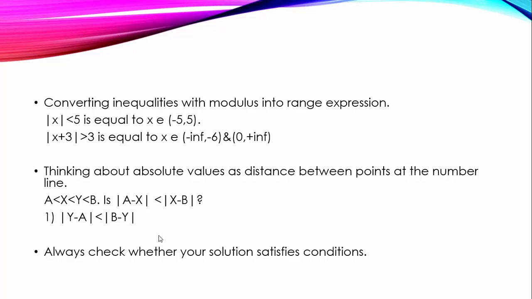Because x is between a and y, the distance mod x minus a is less than mod y minus a, and at the same time the distance between x and b will be larger than that between y and b. So mod b minus y is less than mod b minus x. Therefore, statement 1 is sufficient.